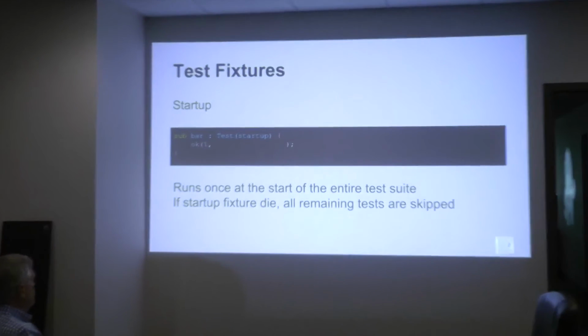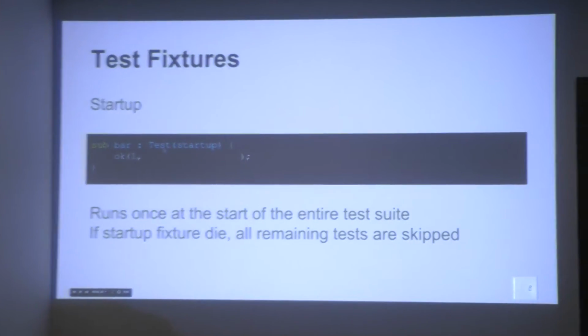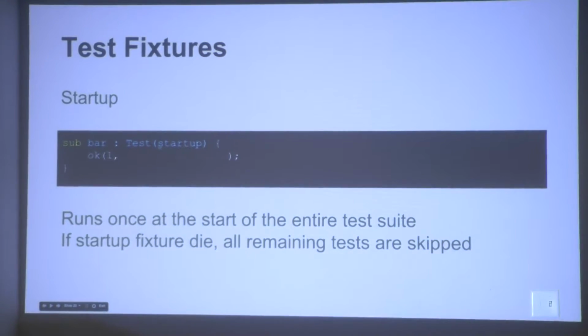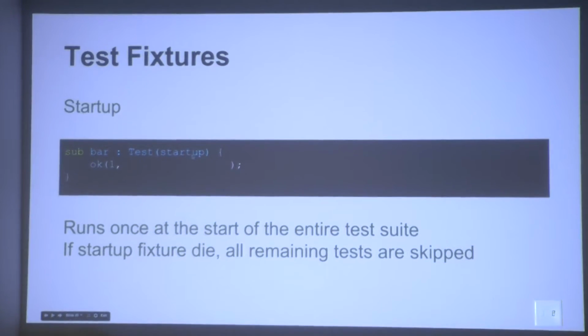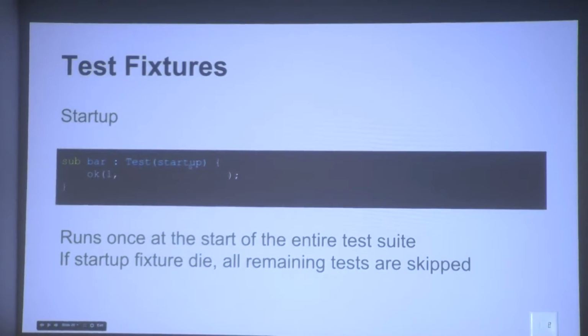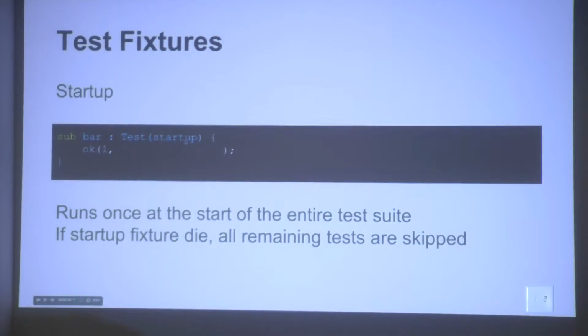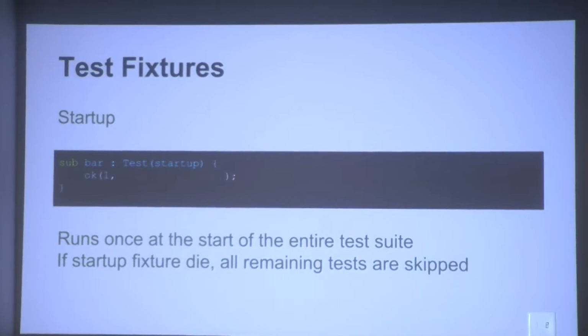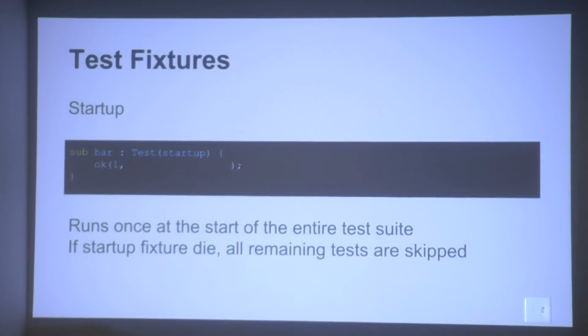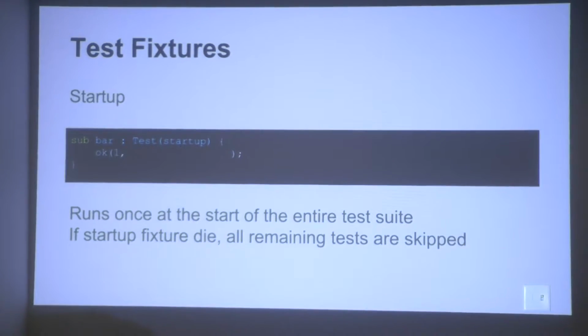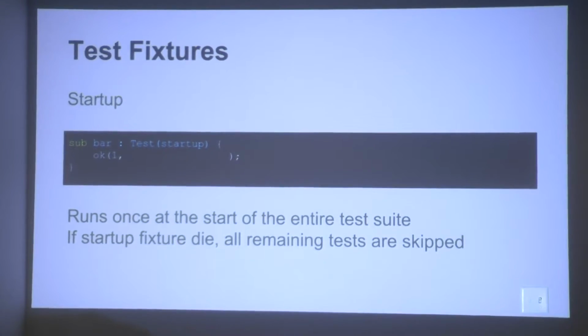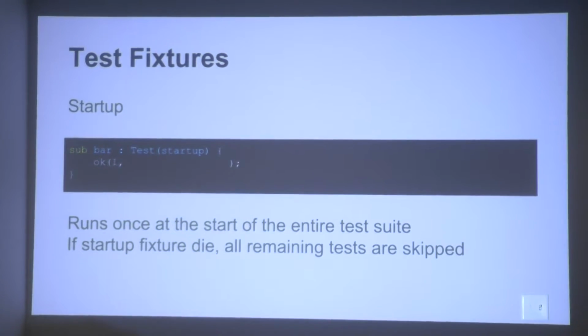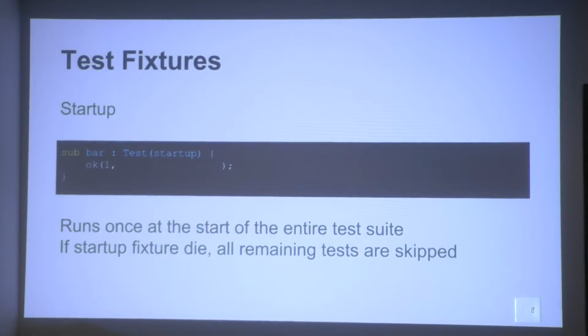A startup fixture we declare similar to a test method, but instead we put a startup keyword in here. It runs once at the start of the entire test suite. So if we want to do something very initial, basic, something for the entire suite, startup is what we want to use.